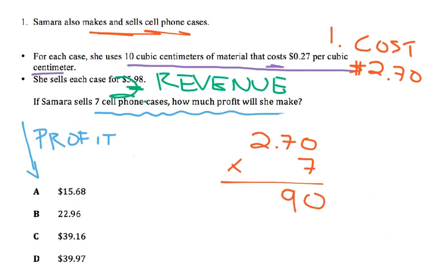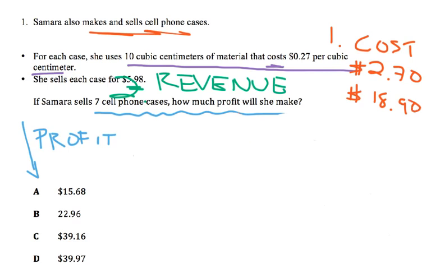Put the 9 here. Bring up the 4. 7 times 2? 14. Plus 4? 18. Cool. And then we're going to take the decimal and move it over 2 spots. And now we know that the total cost for the 7 phones is $18.90.